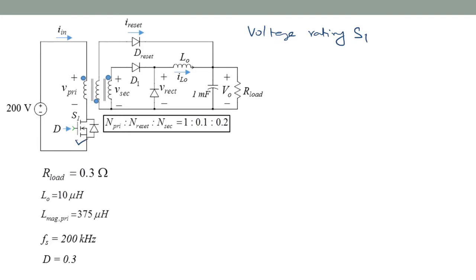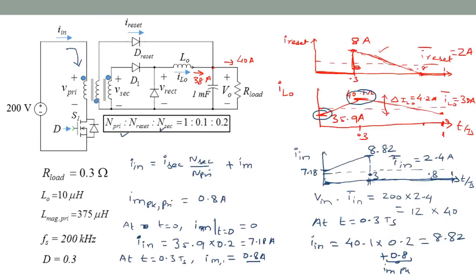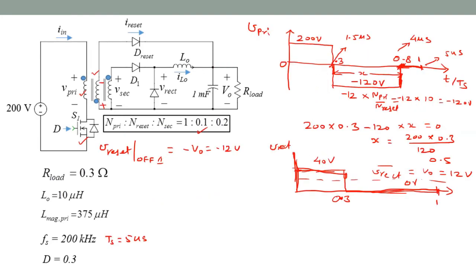So let's see if I have deleted the V primary waveform. Okay, here is the V primary waveform. So when you want the voltage of S1, you consider when it is off, and that is this interval here. Okay. So this end is always at 200 volts with respect to the ground. So the switch voltage would be 200 plus whatever is induced voltage.